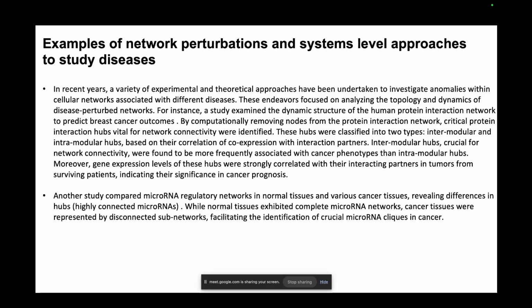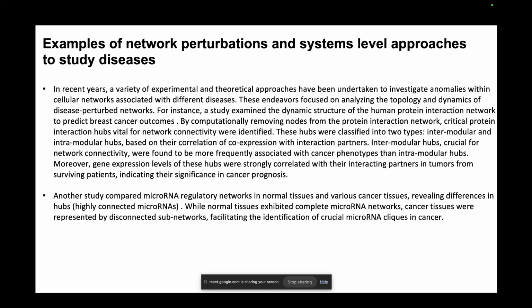So I wanted to give some examples of network perturbations that are used to study diseases. These kinds of approaches have been undertaken to investigate anomalies within cellular networks associated with different diseases.